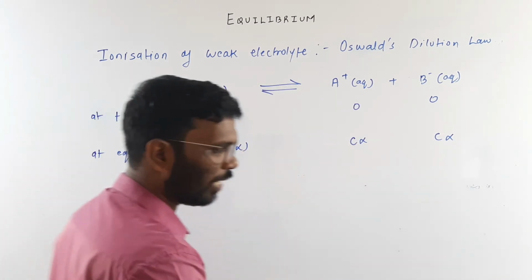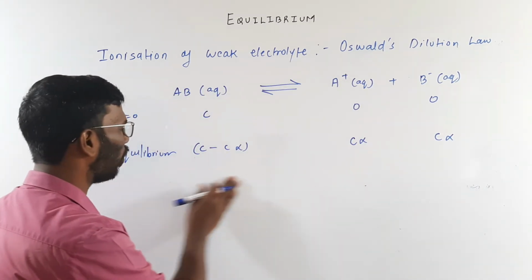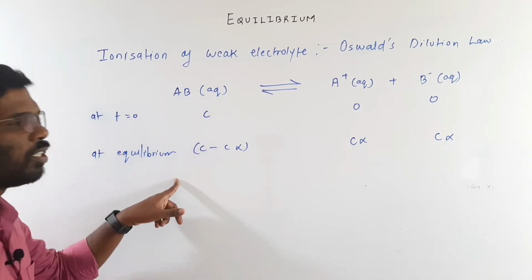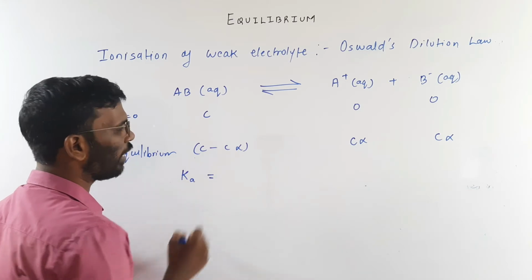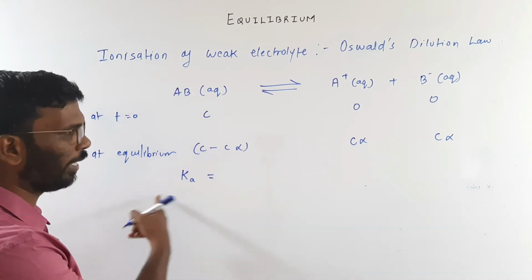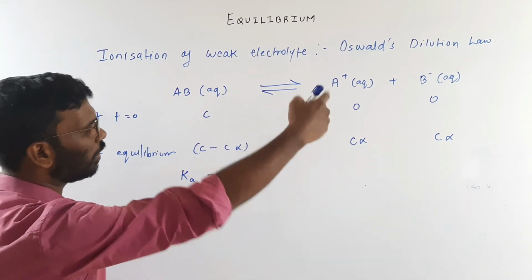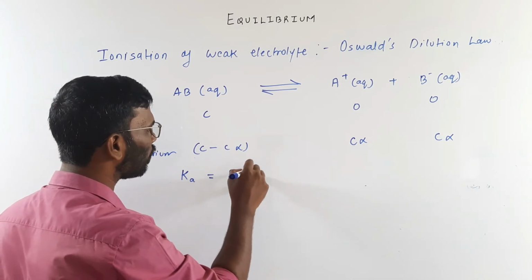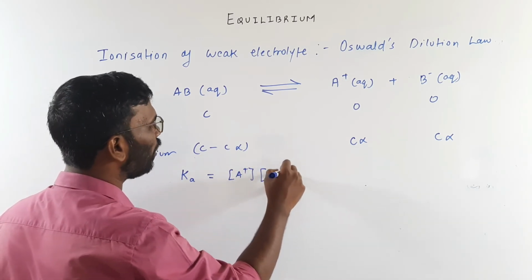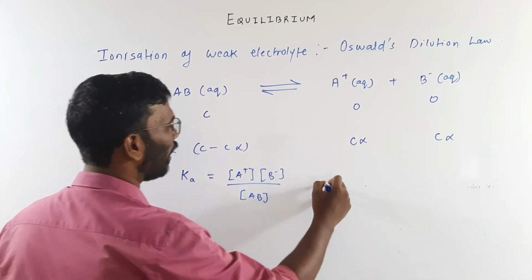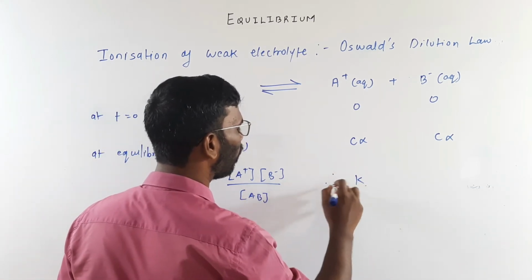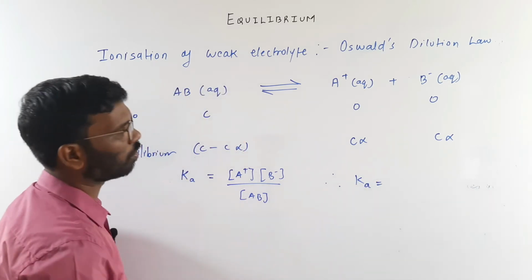So if I want to write the equilibrium constant or dissociation constant of a weak acid, Ka is the dissociation constant of the weak acid. That is what I derived first. So for this, the concentration of A plus into the concentration of B minus divided by the concentration of AB. Therefore, Ka will be equal to what?